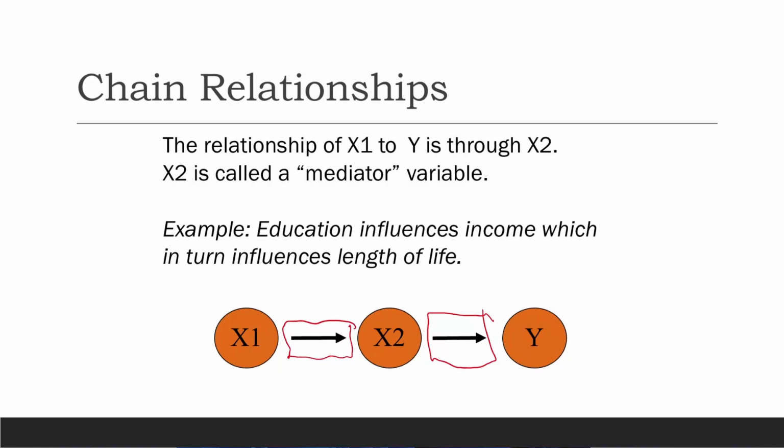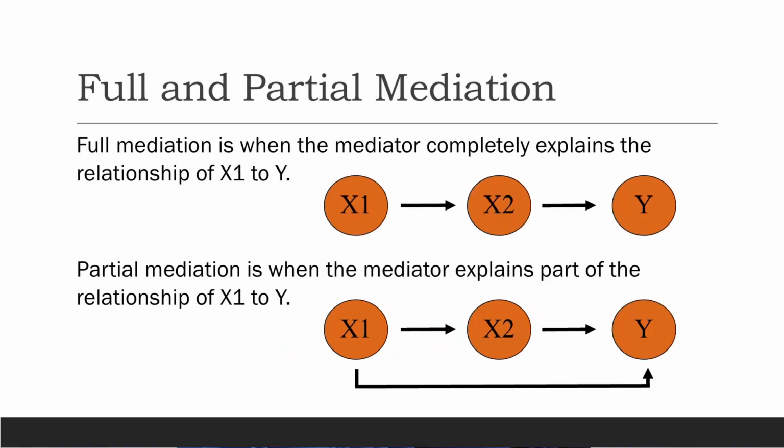Now, one might say, well, but there are even elements of education that might influence the length of life directly. Perhaps more educated people know more about health and about how to live because of their education, and they learn that in the process of obtaining their schooling. And so there could be a direct relationship as well as what we're looking at here, a chain relationship. So more on that in a moment.